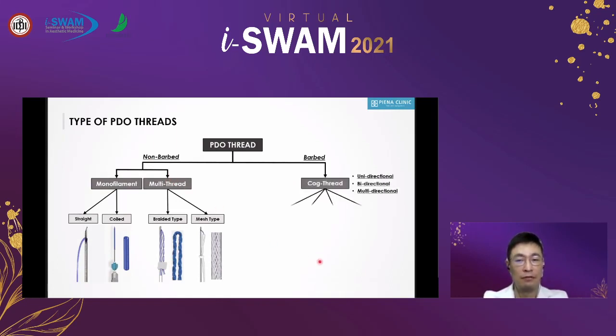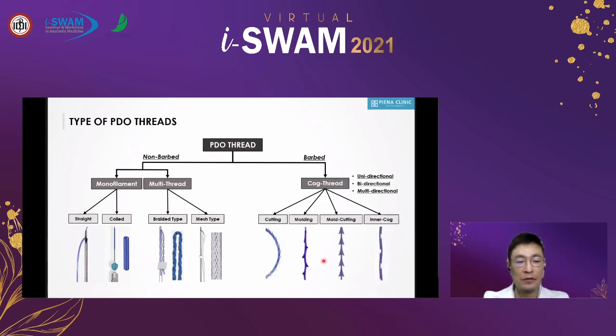Cog thread can be divided into various types depending on the manufacturing method and the shape of the cog. In Korea, there are so many types of cog PDO thread, with different shapes of cog or different thickness of the thread. And there are also sharp needles and blunt cannulas. You can choose one of them for the purpose of the treatment.